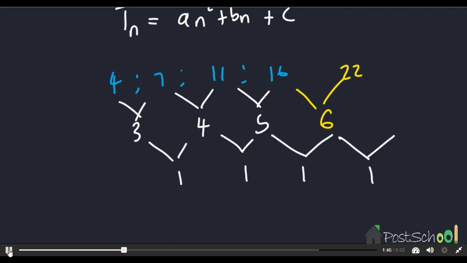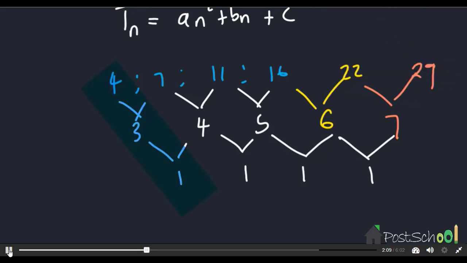Again, 1 plus 6 to get 7, and 7 plus 22 to get 29. So these are the next two terms of the pattern. We can also continue doing this to find the other terms.